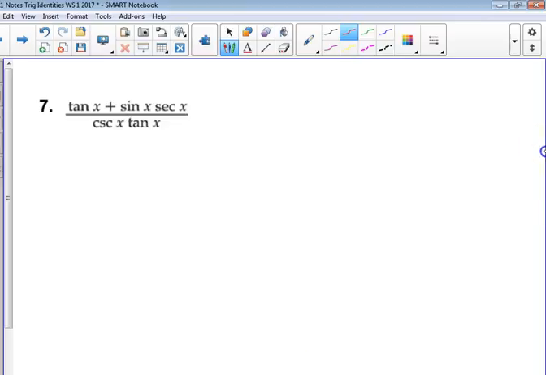7. Okay. Anybody have a suggestion for starting this one? I don't think I would suggest moving everything to sines and cosines because then you're going to get a complex fraction. Remember my hint up at the top?